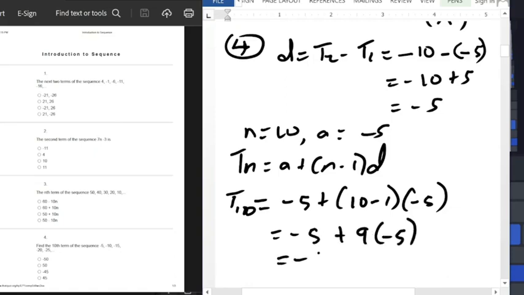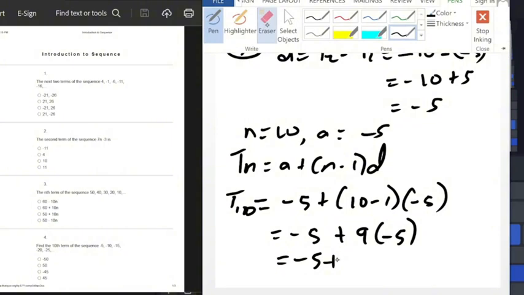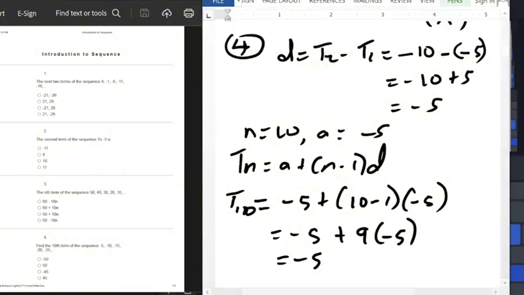So we have minus 5 plus 9 times minus 5, so minus 5 plus minus 45, which equals minus 50. Minus 50 is option A.